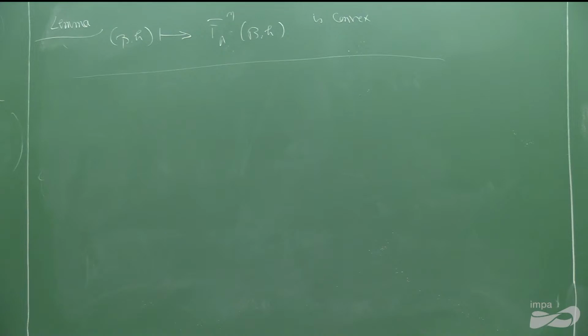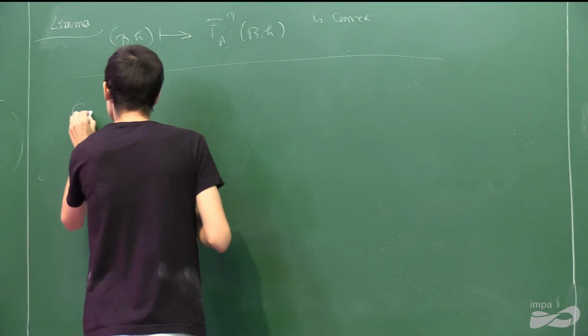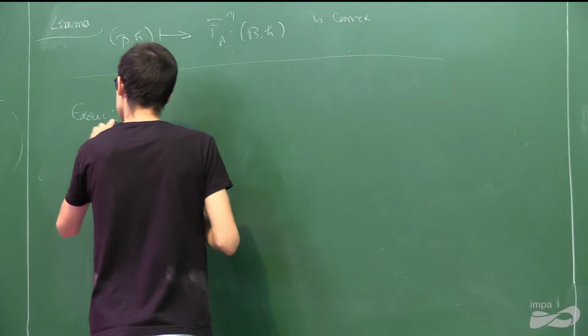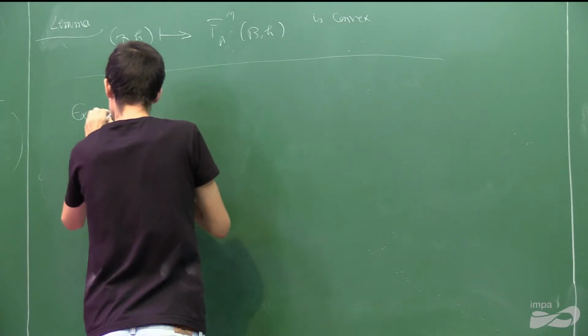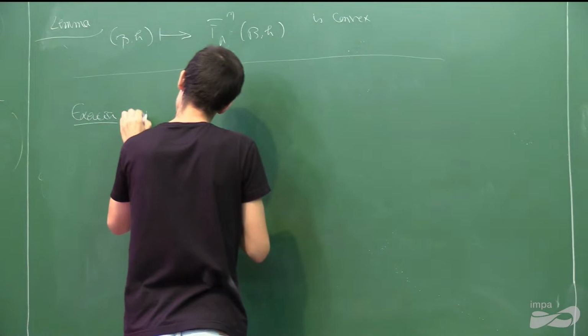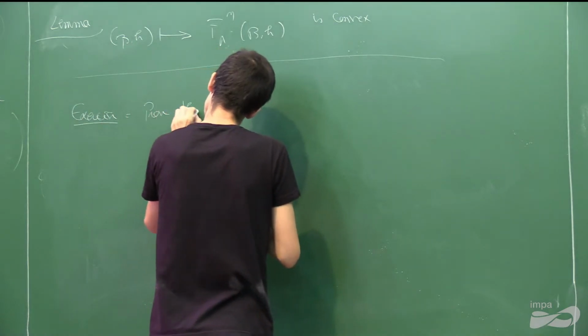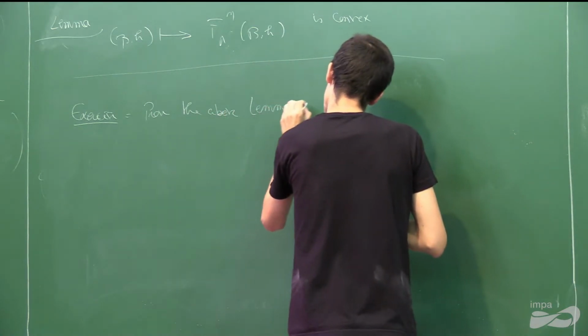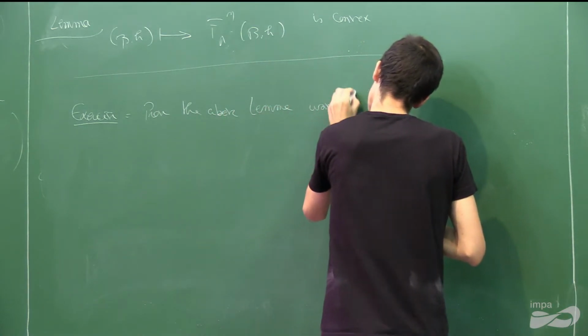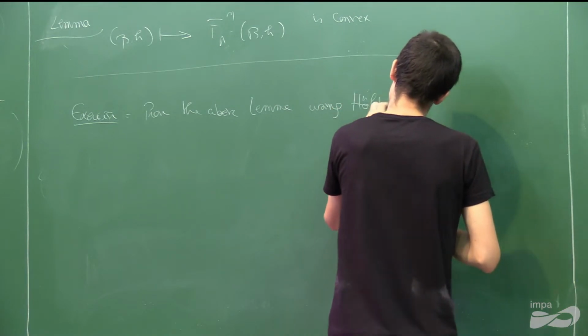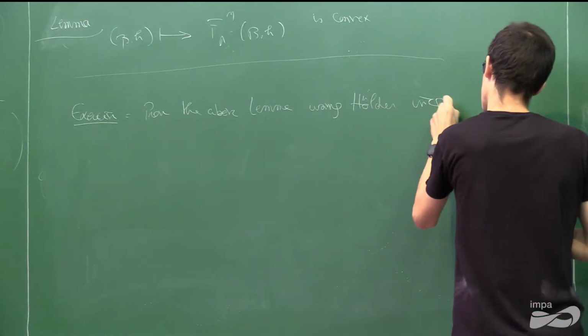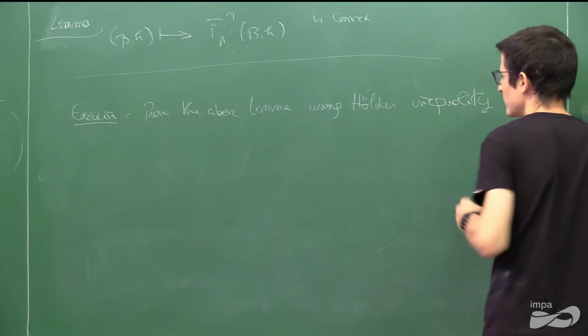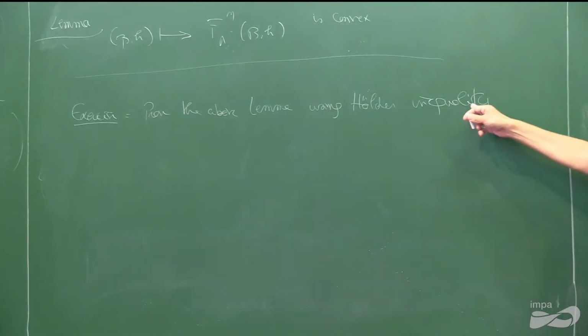If you really want to prove convexity jointly in beta and h, you can use the Hölder inequality. This is also instructive, and the correction of this exercise is in the book.